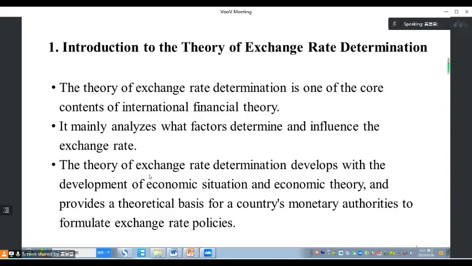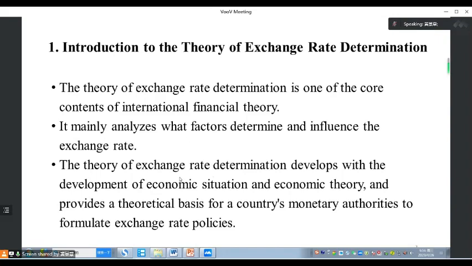The theory of exchange rate determination develops with the development of economic situation and economic theory, and provides a theoretical basis for the country's monetary authorities to formulate exchange rate policies.